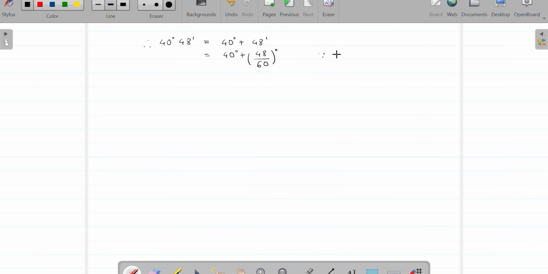since 1 minute is equals to 1/60 degree, and therefore 48 minutes means 48/60 degree, which is equals to 40 degree plus. Here 12 4s are 48 and 12 5s are 60. Here we consider divided by 1.